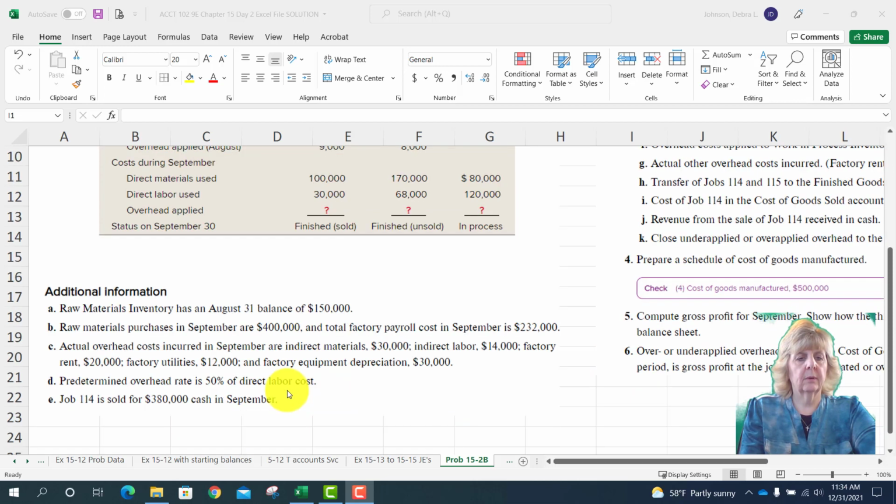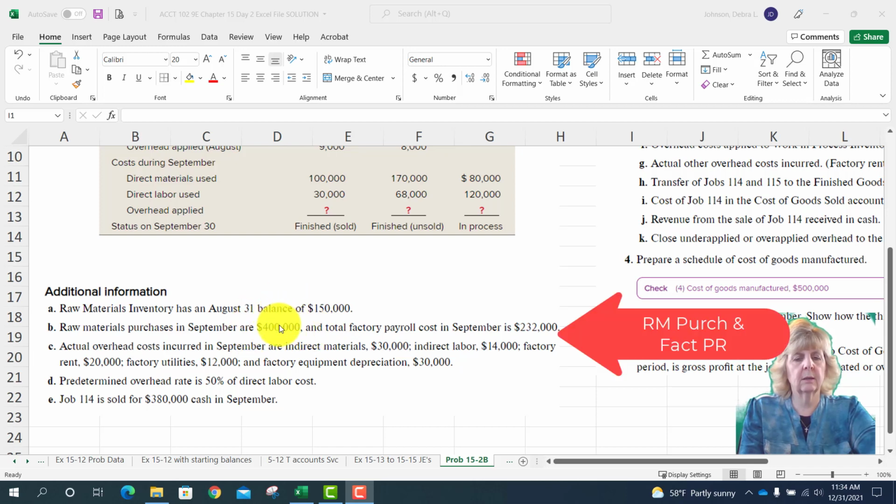Let me scroll down. I would also start with the raw materials balance as described in letter A here. And while we're at it, go ahead and put those raw materials purchased in, as well as the factory payroll costs. And then you might as well do letter C as well.